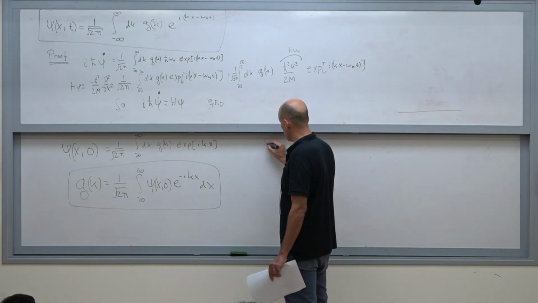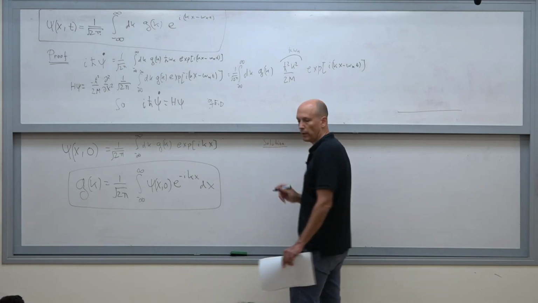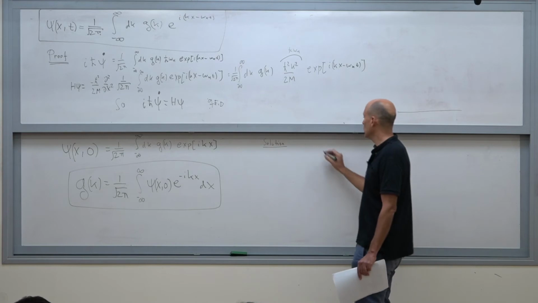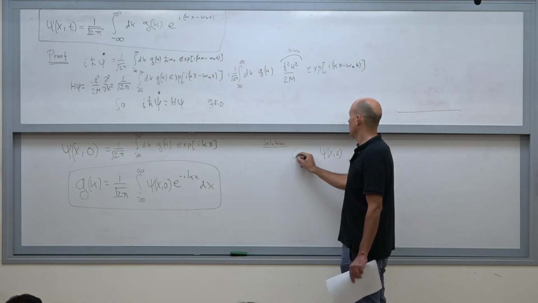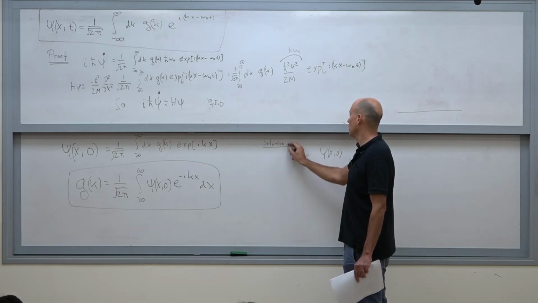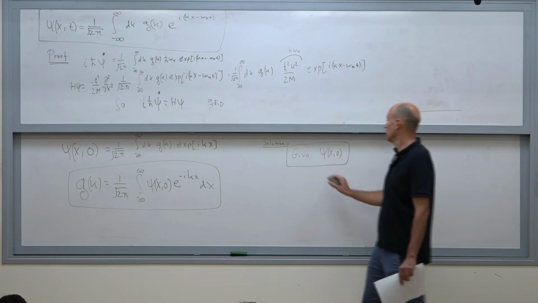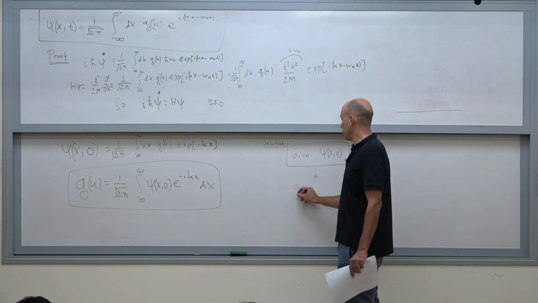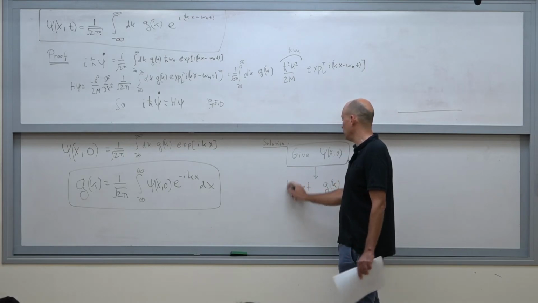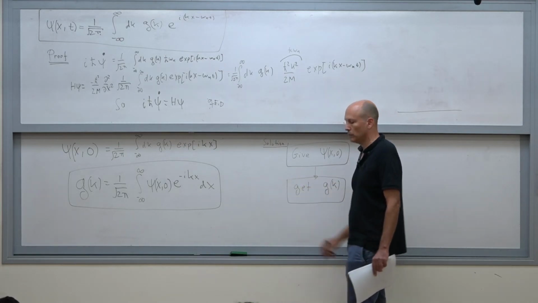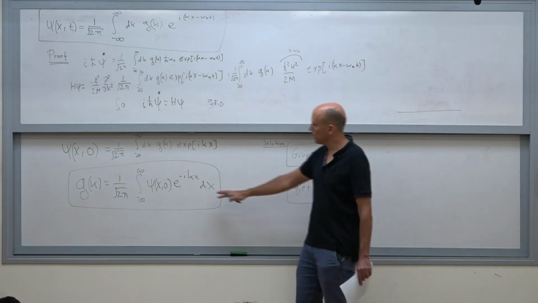Okay, so essentially I solved the problem. The solution then, this is a summary. It's only a solution for a free particle. In principle, give me psi of x, 0, get g(k), the amplitudes of the different waves that are propagating. This is done by this equation.